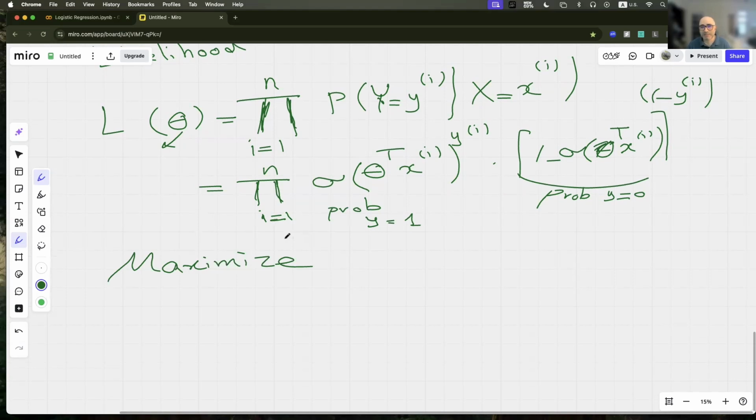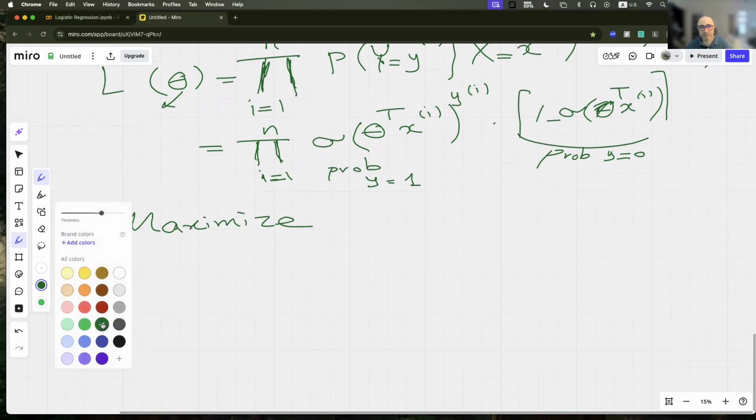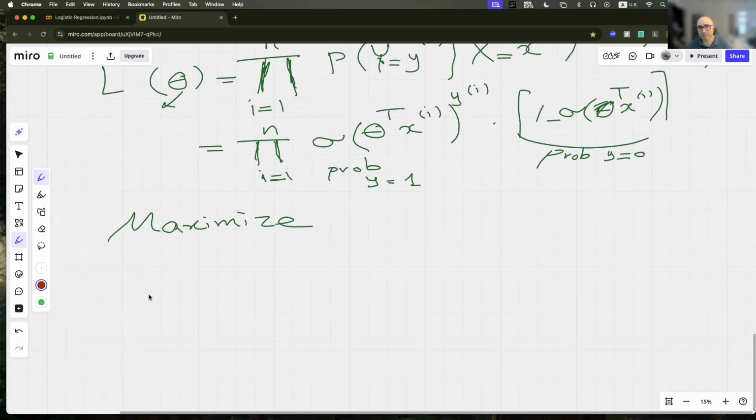So what they do is take the logarithm of this equation. What the logarithm helps us with is that we can take the derivative, and that derivative would be linear, which is very easy to solve.